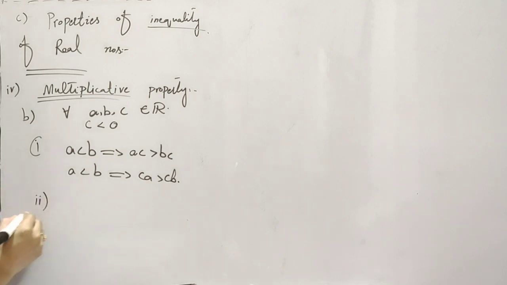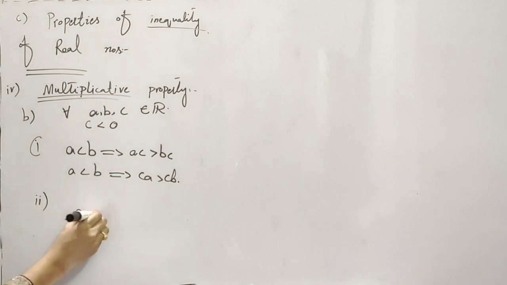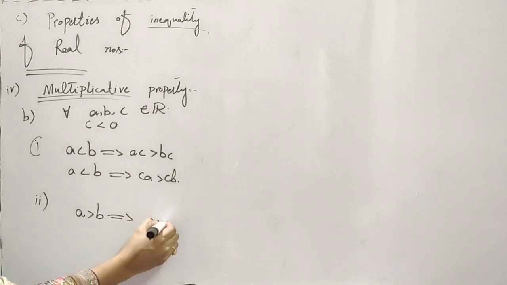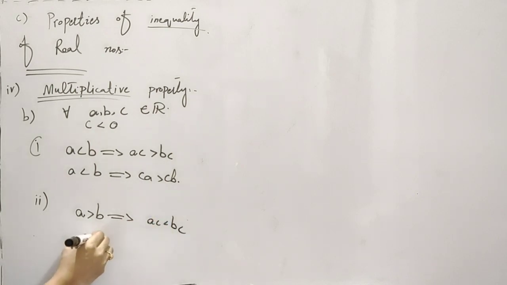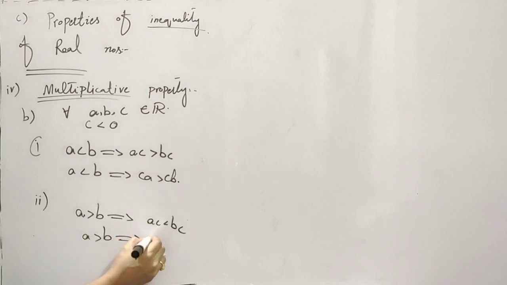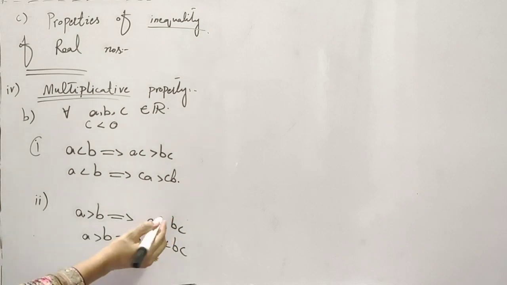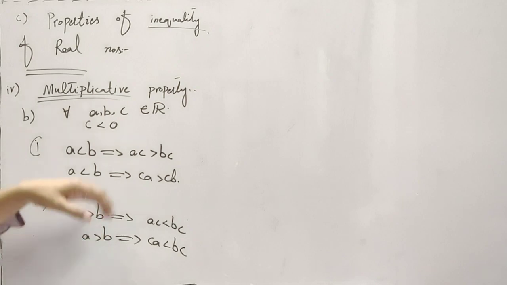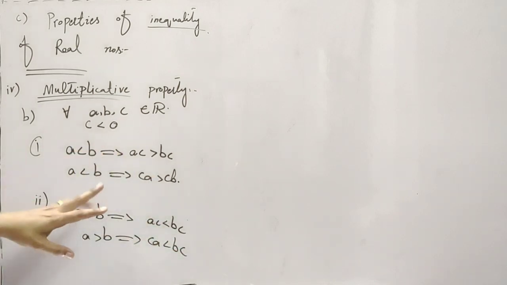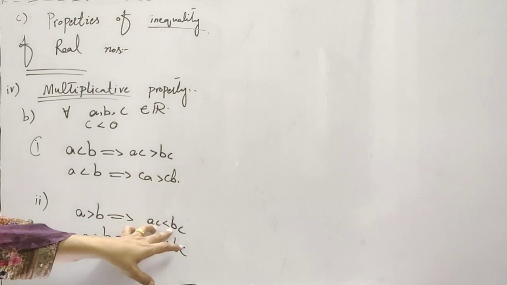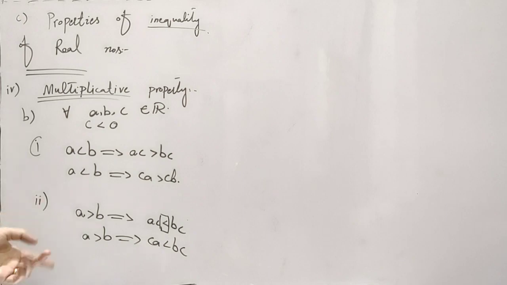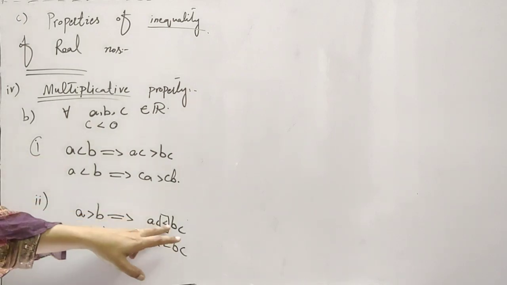Now the next part is if A is greater than B, it implies that AC is less than BC, or it implies that CA is less than CB. It means that if you take two numbers and the first number is greater than the second number and you multiply both sides with a negative number, the negative number will change the inequality sign, from the greater side to the lesser.